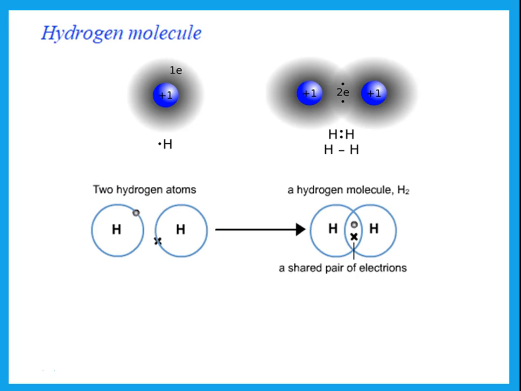So I have 2 hydrogen atoms and a pair of electrons, 1 from each atom, and I draw circles around them in this way. This is my dot and cross diagram. Or I can draw it without circles, just showing that we have 2 electrons being shared between the 2 atoms. So either the diagram without circles or the one with circles.